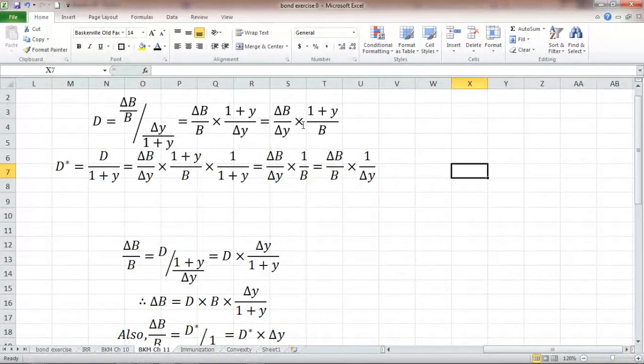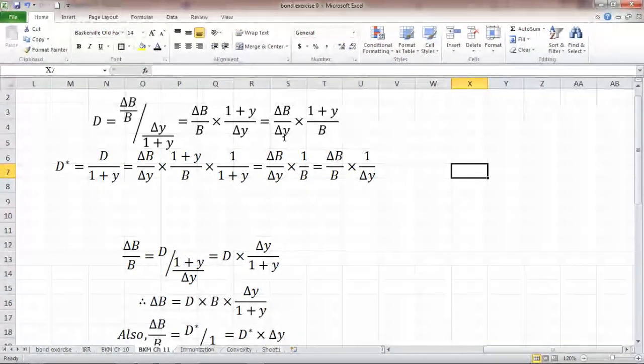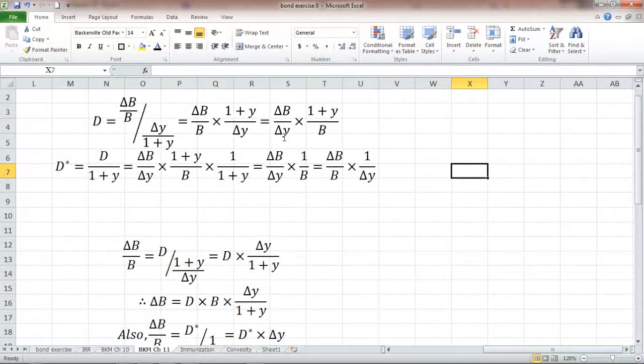This simple symbol, change in b over change in y, right? And I want you to keep in mind what it means, without making it necessary to explain it every time.